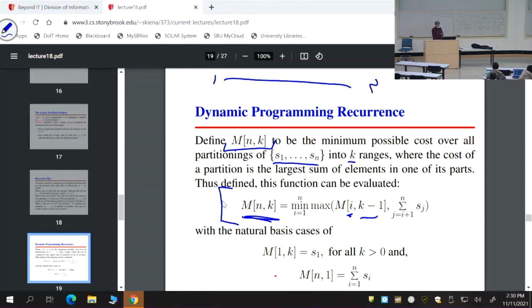what is the cost of this going to be if I do it recursively? If I put my last divider here, what is the ultimate cost? What is the biggest partition? It is either going to be the sum of the elements to the right of the last partition, or it's something in a smaller problem. Does everybody kind of see this?